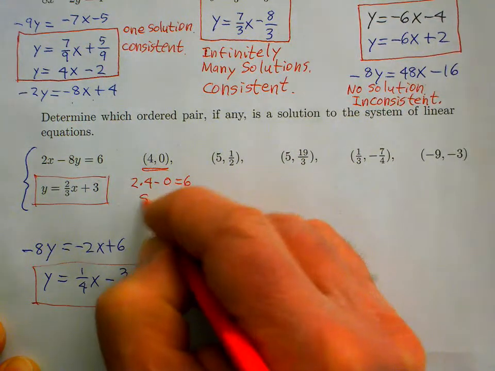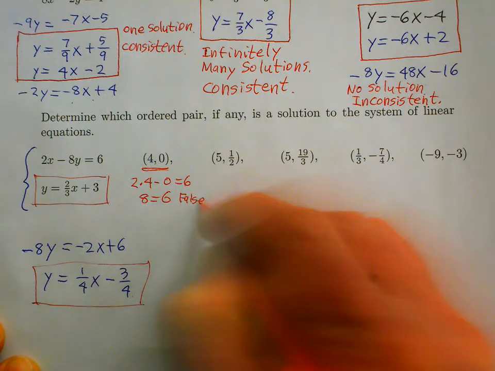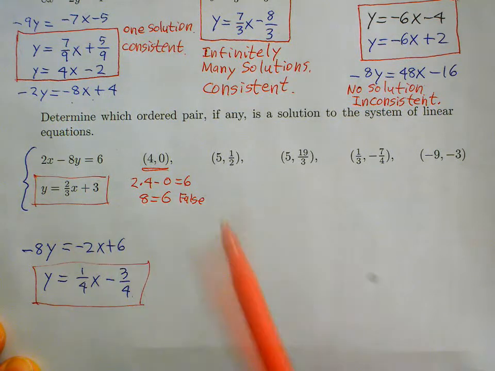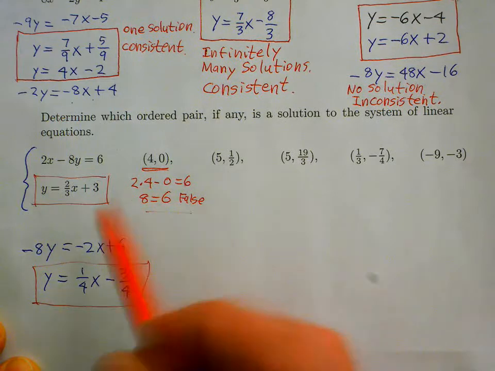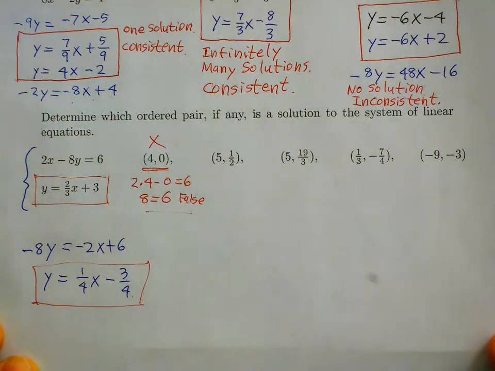This means 8 equals 6. As soon as I get a false statement, then we don't have to test it in the other line. As soon as we get a false statement, we're done. So this one is not a solution to the system.